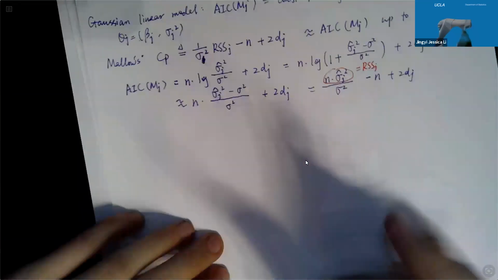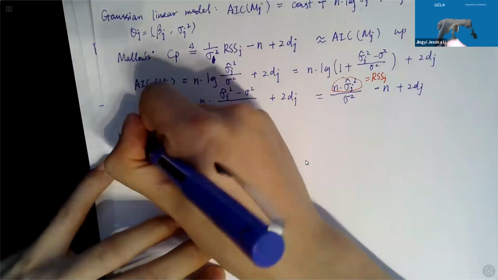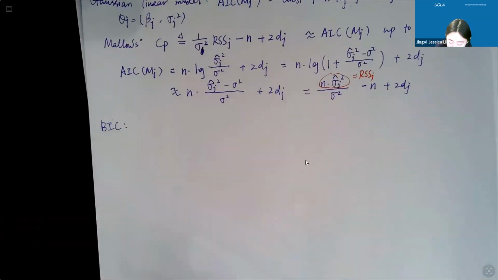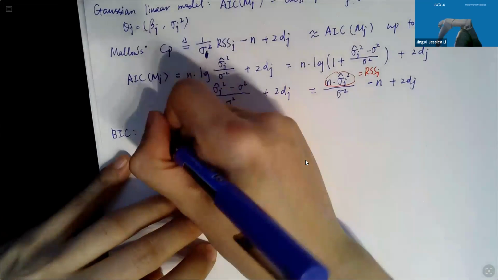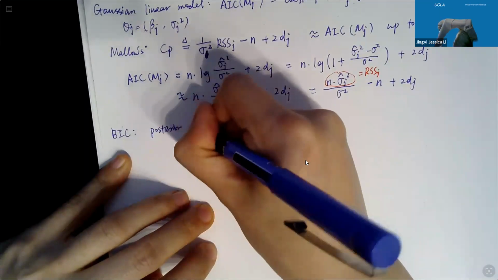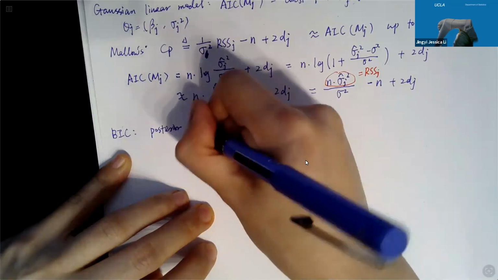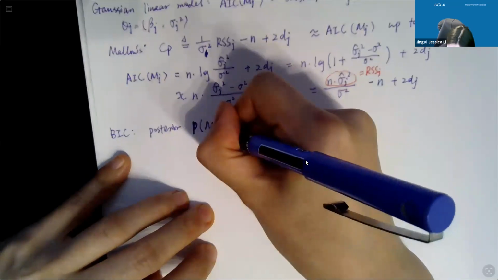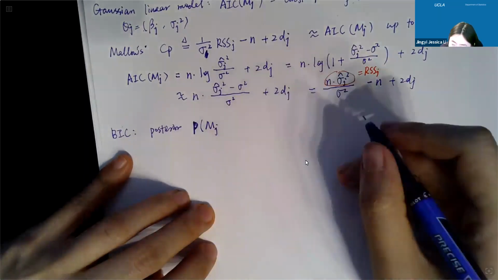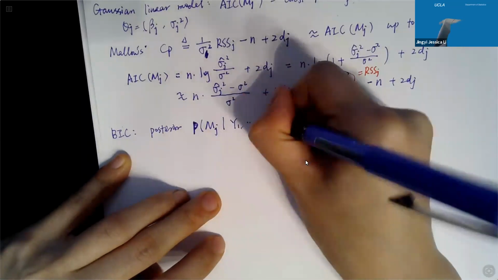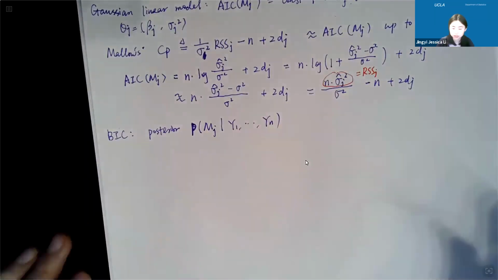But now let's move on to BIC. We get the prior and posterior involved. So in BIC, what we are interested in evaluating is the posterior of model J. So we write it's the probability, it should be discrete, right? That we have K models. The posterior probability of model J given my data. That's what we are interested in.